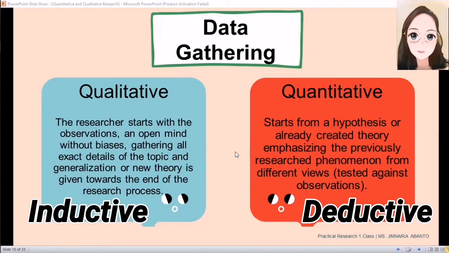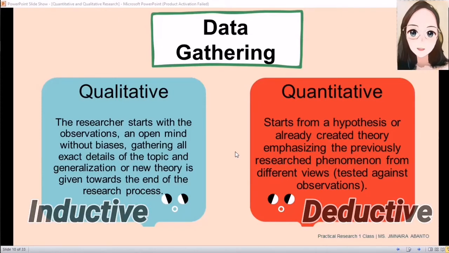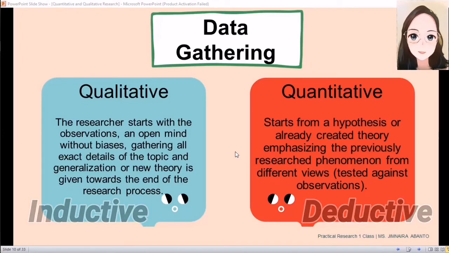The researcher begins with a hypothesis or already constructed theory. He focuses on exploring the previously researched phenomenon from different perspectives. The aim of quantitative research is to test hypothesis or theory. I remember, in data gathering activities, quali is inductive, quanti is deductive.